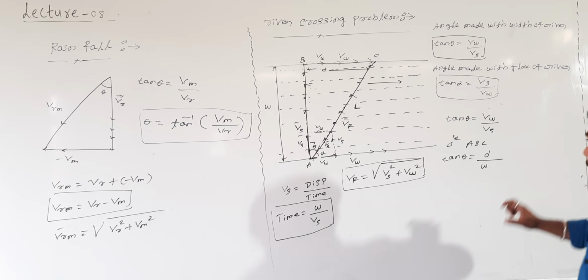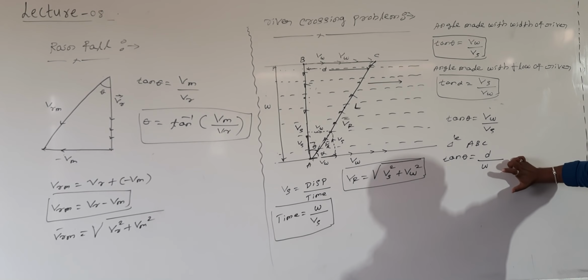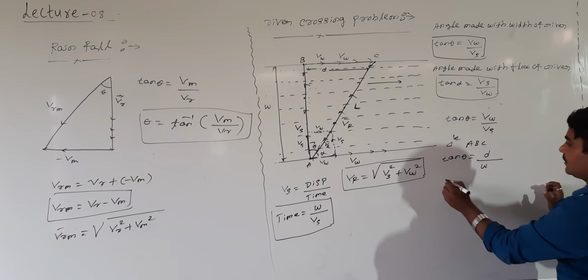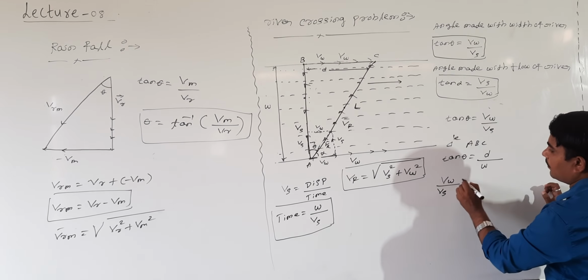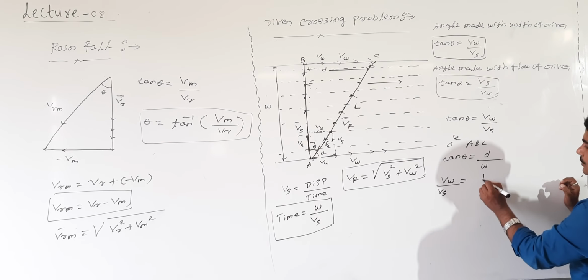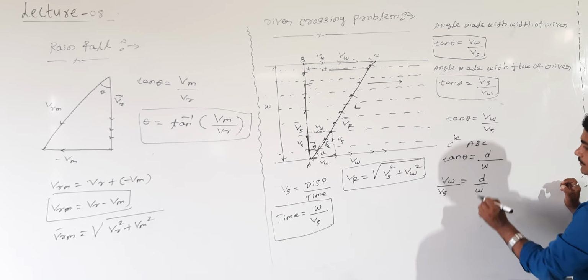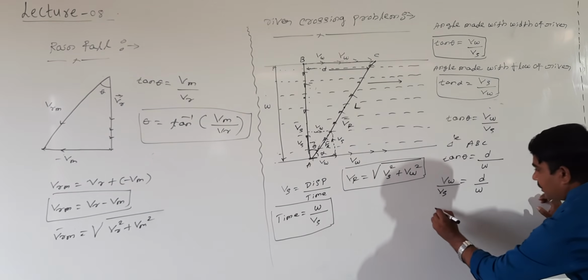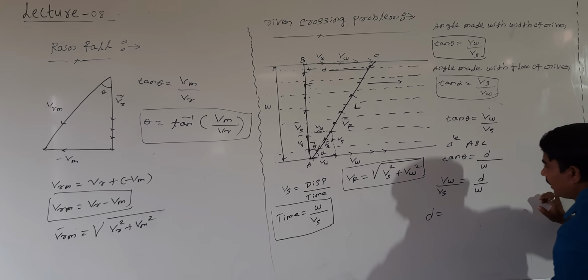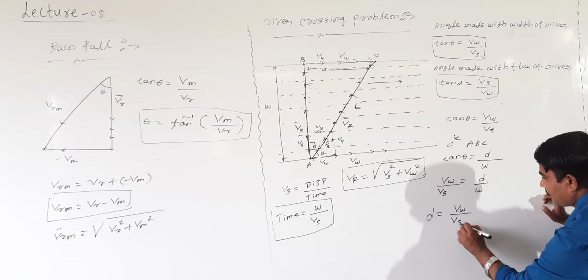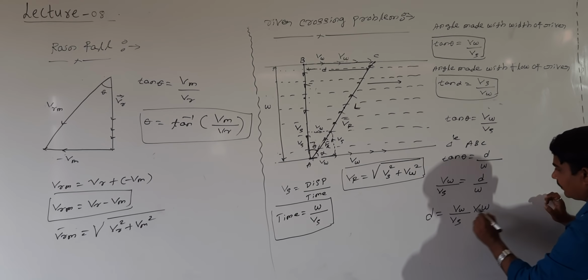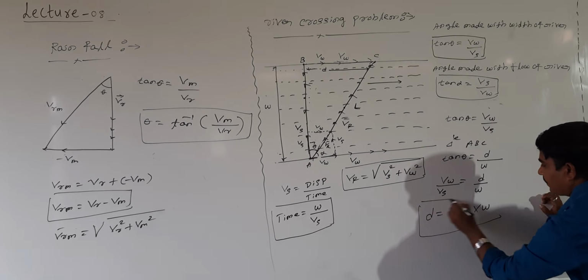Now we can compare both. VW divided by Vs equal to D divided by W. Right. What is the drift here then? Drift can be calculated as VW divided by Vs, into W. So the drift of the person we can calculate.